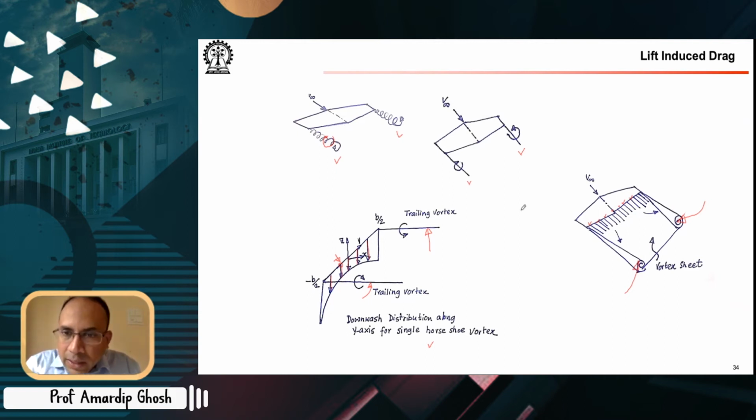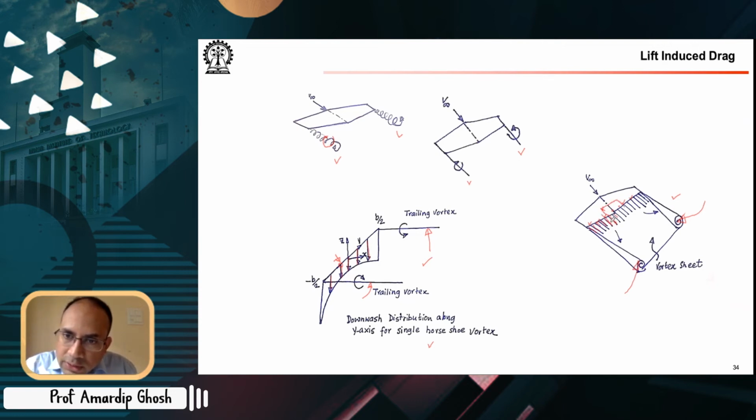On the other hand, here you have to do that for each and every vortex filament. So if you want to figure out what the downwash is here, you have to take into account the downwash there because of each of these trailing vortices. Okay, so that's the difference between the single horseshoe vortex model and a superposition of many horseshoe vortices. So you can think of this as a horseshoe vortex like this.